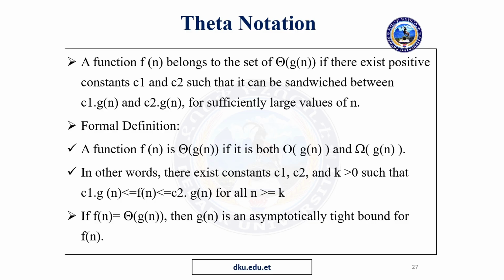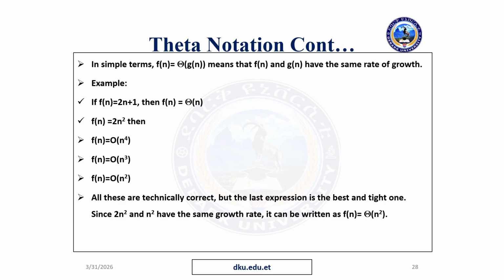Now let's take this simple example, f of n which is equal to 2n plus 1. Then let's prove f of n is theta of n. So f of n is equal to 2n plus 1.